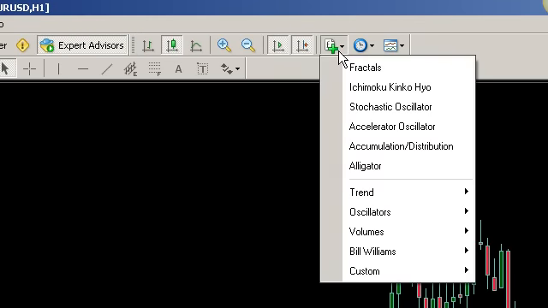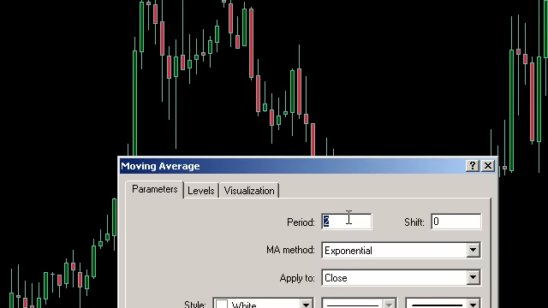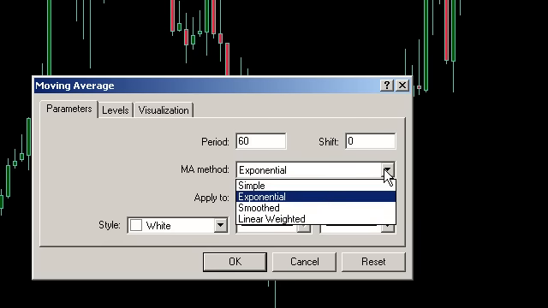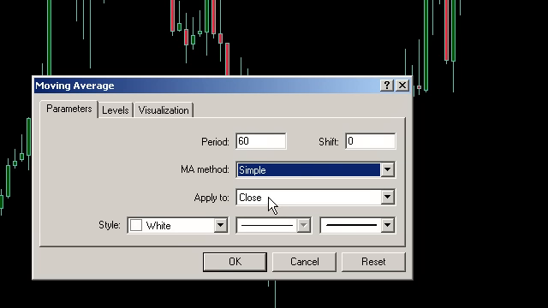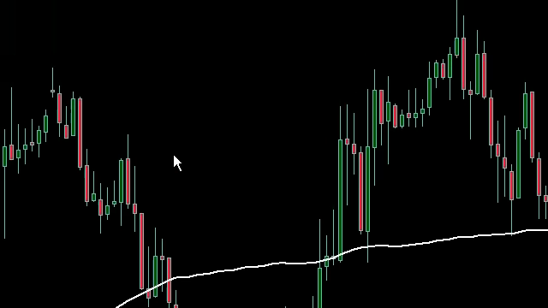So we're just going to add a moving average, and we're going to call it a 60 period. We'll make it white for now. That should stand out quite well, and we need a simple moving average, and we usually base our moving averages on the close, and we're going to have it that thick. So here we go. Let's have a look.